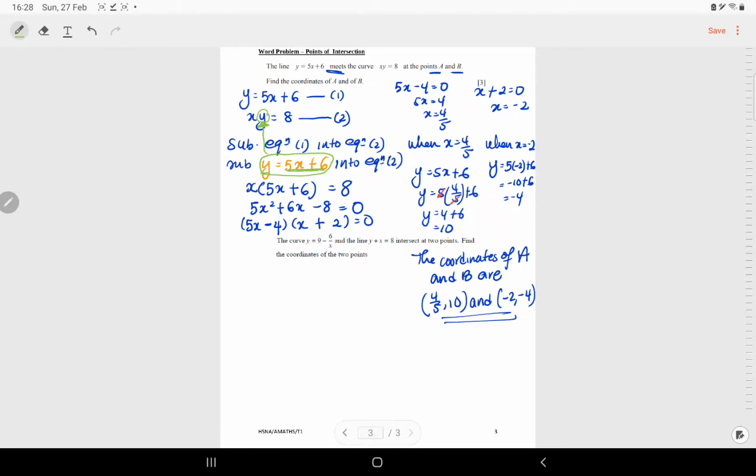So these are the coordinates for x and y that we obtained for A and B. I will leave the exercise on page 2 for you, and one point of intersection, word problems for simultaneous equations for you to do. So again, practice your simultaneous equations for nonlinear and linear equations. You'll get better at it. Okay guys, thank you very much.